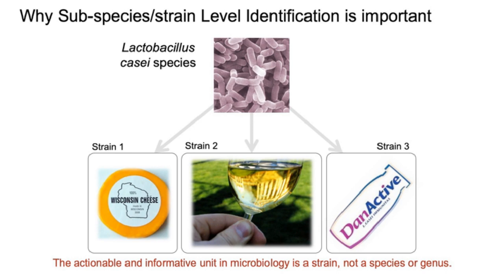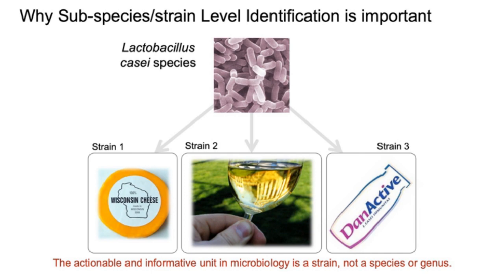To demonstrate that, here I am citing an example of a classical probiotic species, Lactobacillus casei. As you can see, 3 distinct strains of Lactobacillus casei are used for 3 very distinct applications, all related to fermentation of foods. Strain 1 is used here for ripening cheddar cheese, whereas strain 2 has been used for fermentation of Chardonnay wine.